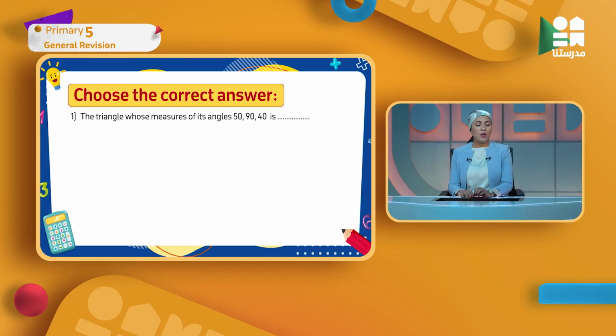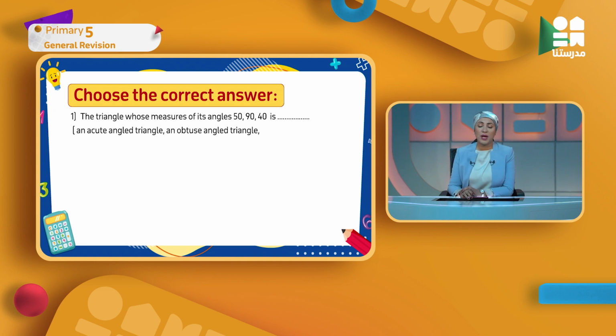The triangle whose measures of its angles are 50 degrees, 90 degrees, and 40 degrees is an acute angle triangle, or an obtuse angle triangle, or a right angle triangle.